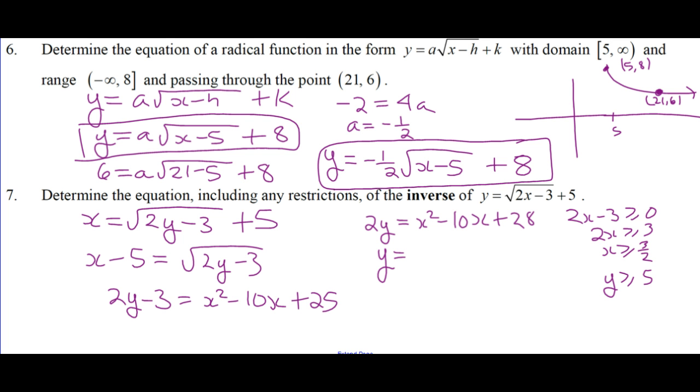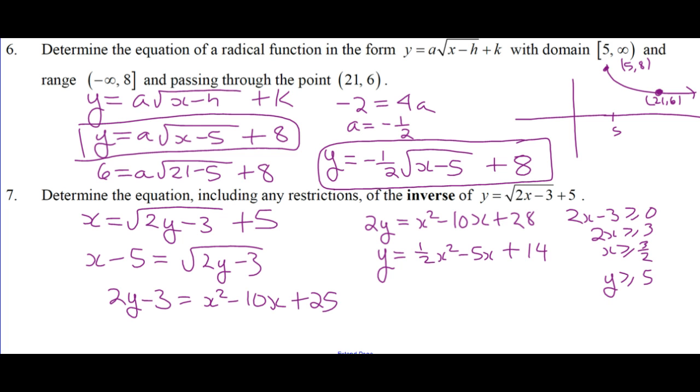And so y is equal to 1/2 x squared minus 5x plus 14. We could complete the square on this and get that in vertex form, if we wanted. But where's the vertex?